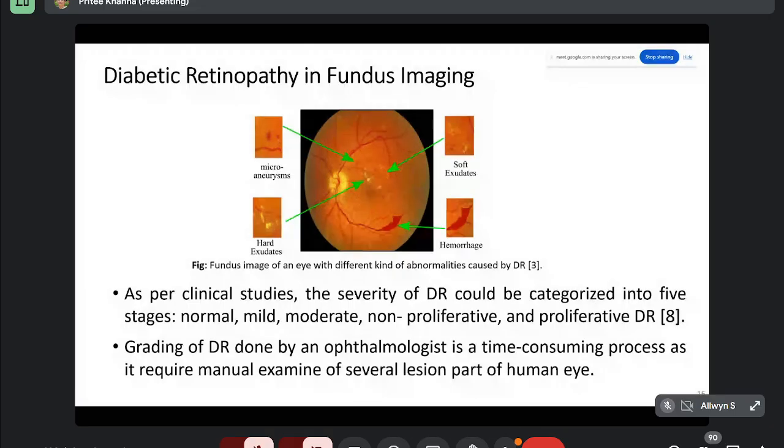Grading of DR by an ophthalmologist is obviously a time consuming process, because he needs to examine several lesion parts of the human eye, and there AI may help us.